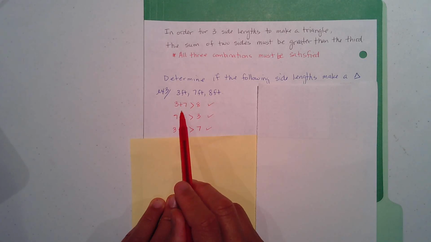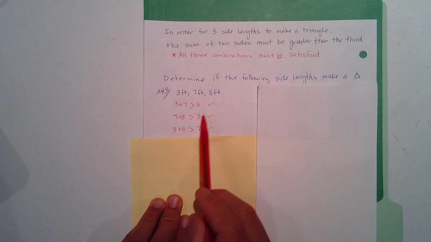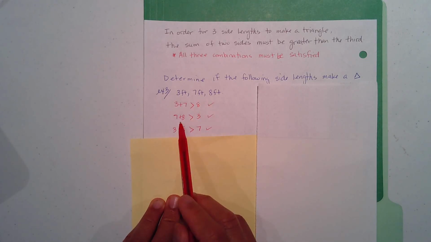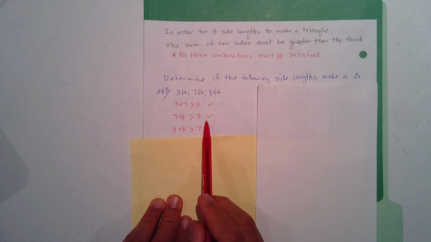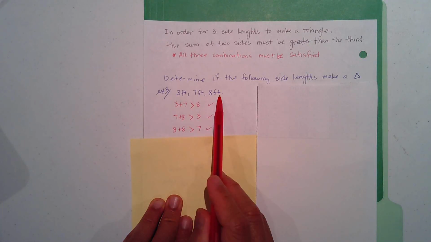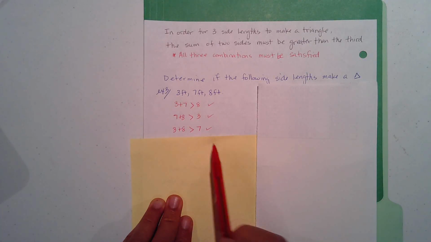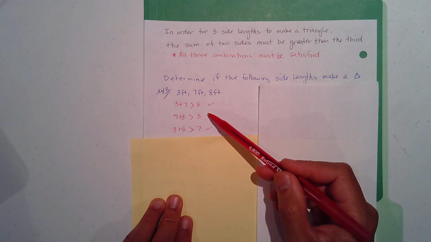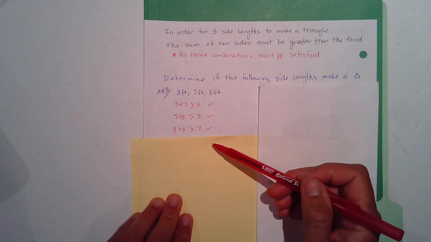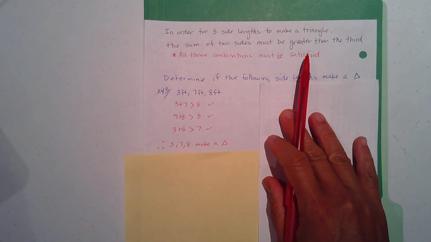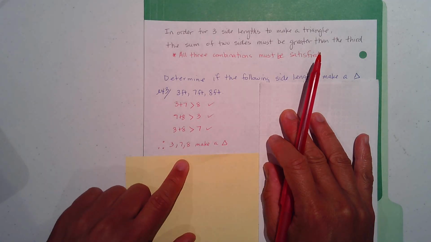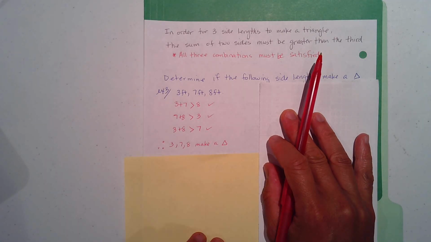So 3 plus 7, greater than 8? Yes. 7 plus 8, greater than 3? Yes. And 3 plus 8, is it greater than 7? Yes. So if all three combinations are satisfied, then we can conclude that 3, 7, 8 make a triangle.